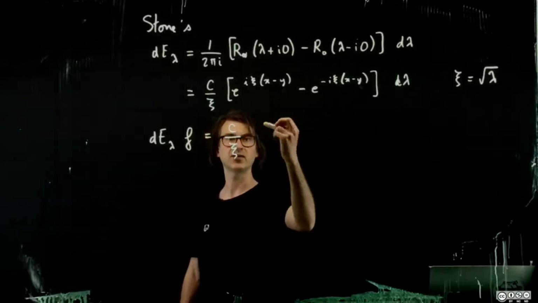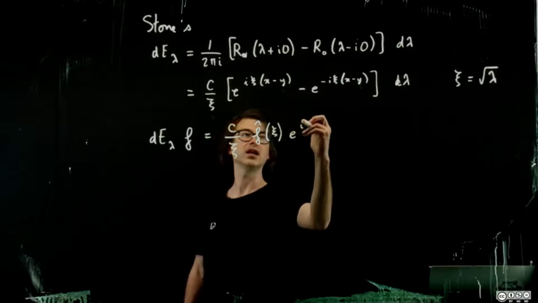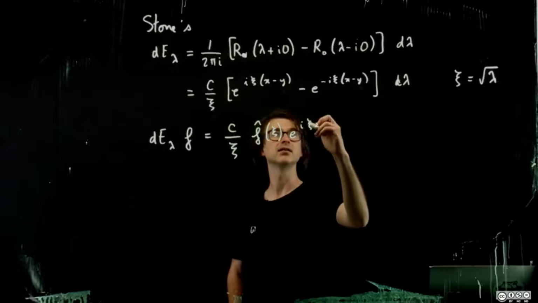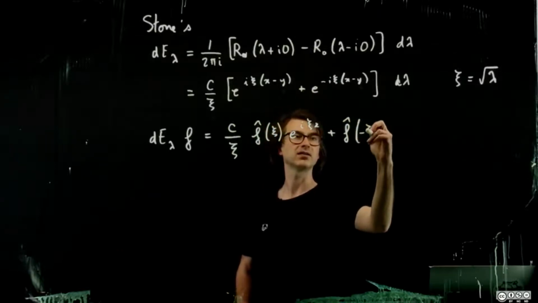Integrating in y is taking the Fourier transform, so I get f hat of xi e to the i xi x, plus f hat of minus xi.